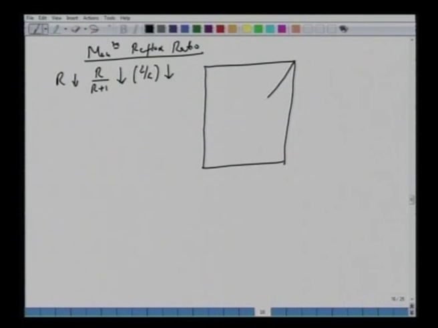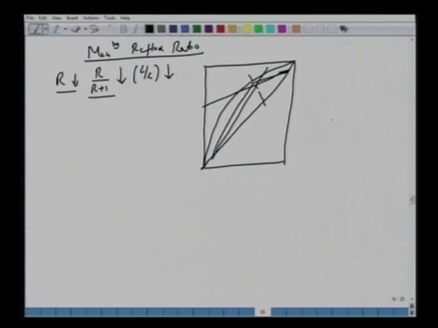We will monitor the slope of the two curves. So a general case would be when we have an intersection like this with the equilibrium curve. Now when you decrease the reflux ratio, the slope decreases or L by G decreases. You can make out that now the point will move upward.